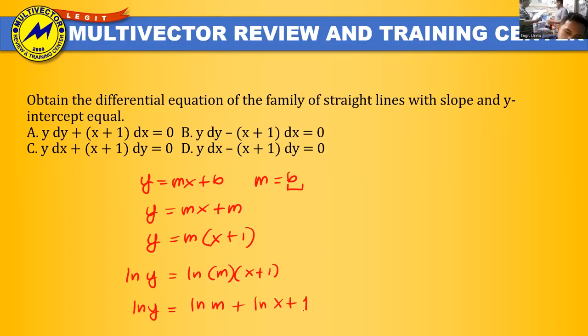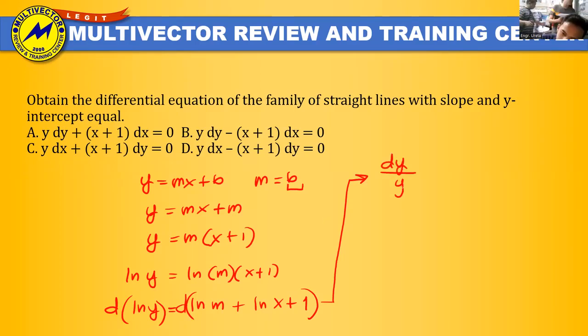Then magdi-differentiate na tayo both sides. The derivative of ln of y is just dy all over y. The derivative of ln of m, where m is constant, is 0.